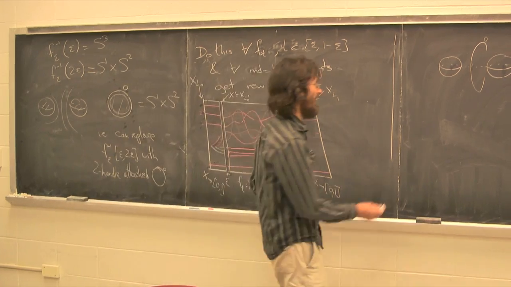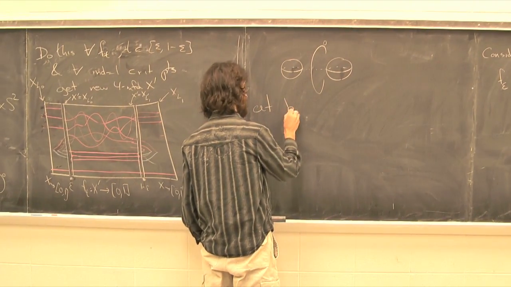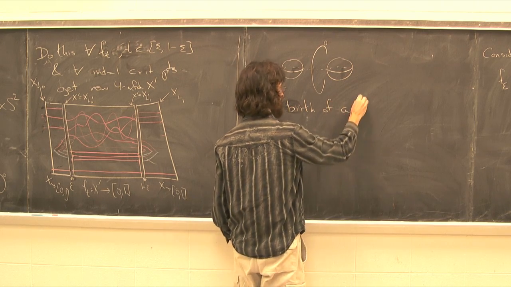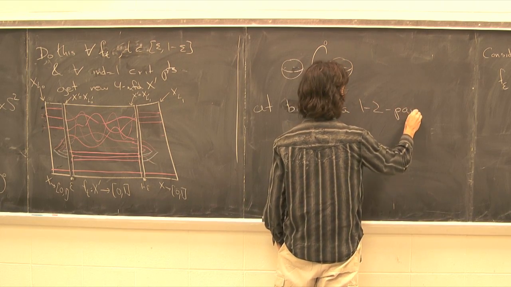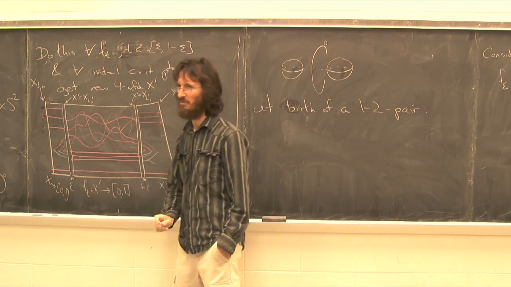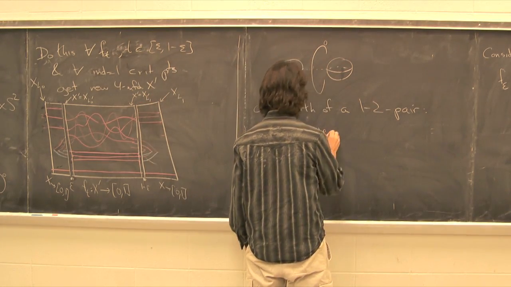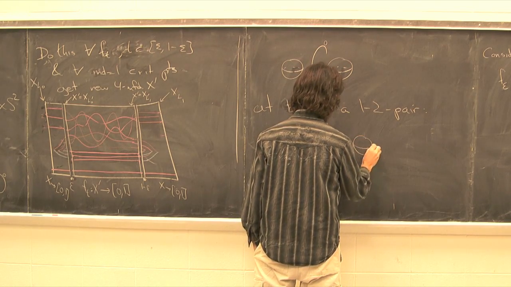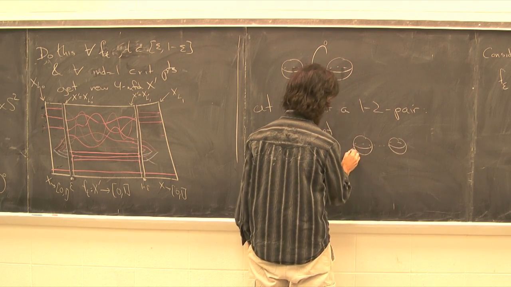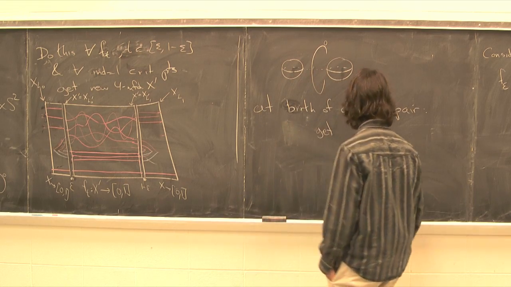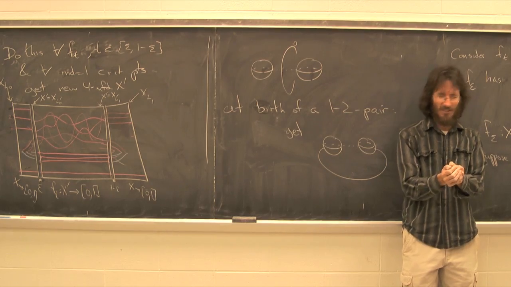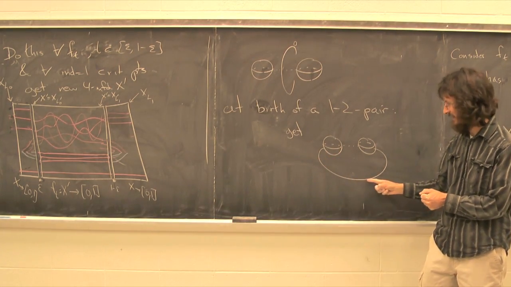So at a birth, at a 1-2 pair, what do you really see? Now I'm going to draw the handle decomposition right when a 1-2 pair is born. You get this, and then you get some, you see, a birth happens in a small neighborhood, right?